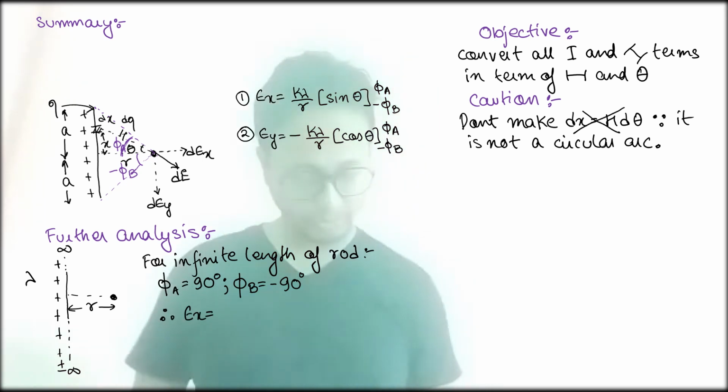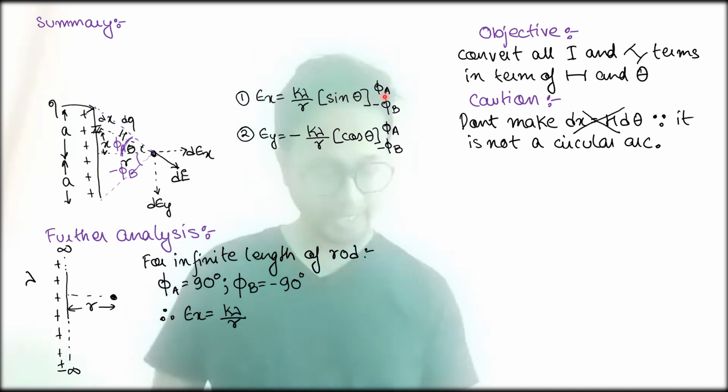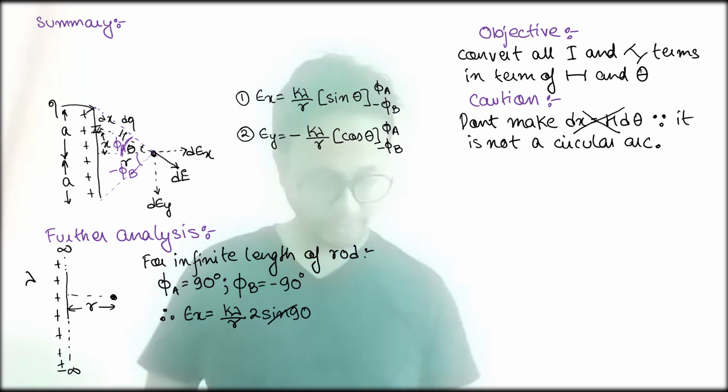That minus would come outside, so 2 into sine 90, and the value of sine 90 is 1. So the x component of electric field is nothing but 2k lambda by r.